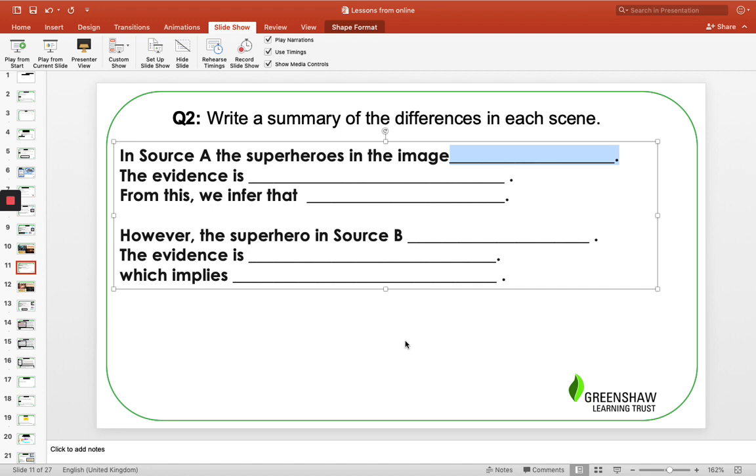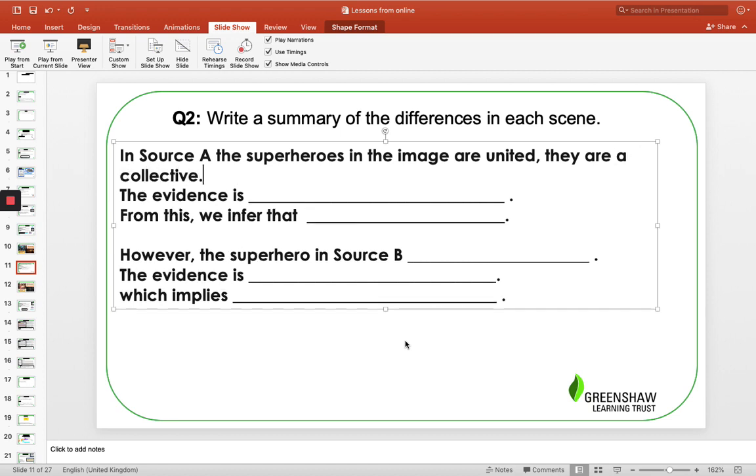So in source A, the superheroes in the image are united. They are a collective. Now, where it says the evidence, that would actually be a quotation you would use from the extract. We don't have words in our pictures, so I've just used the word evidence instead, which acts in the same way as a quote does to support myself.